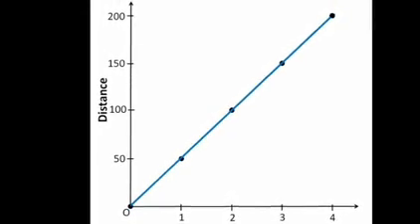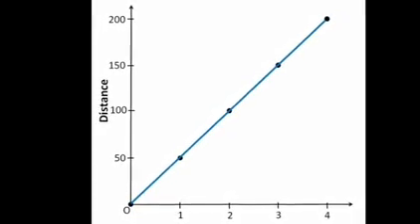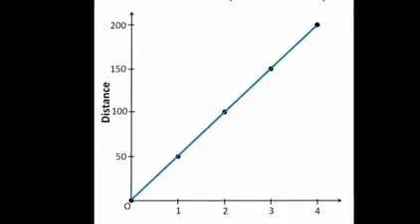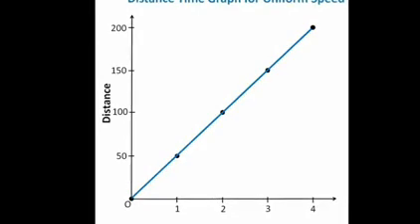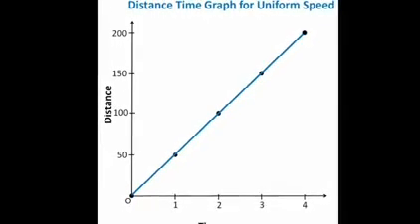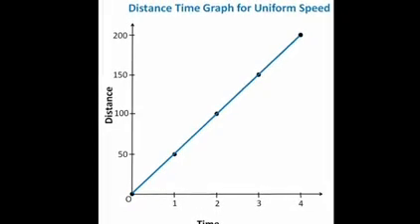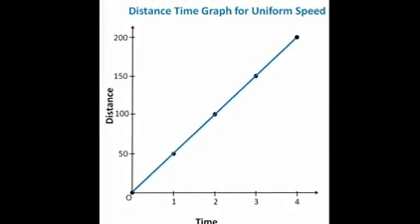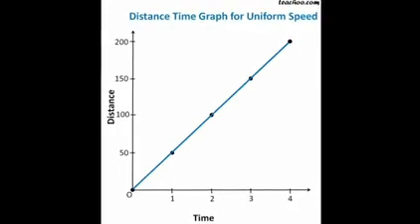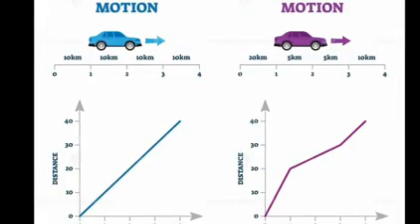In uniform motion, the object covers equal distances in equal intervals of time. But in non-uniform motion, the distance covered will be different for different times. If a graph is drawn for distance and time, the graph will be like this for uniform motion.